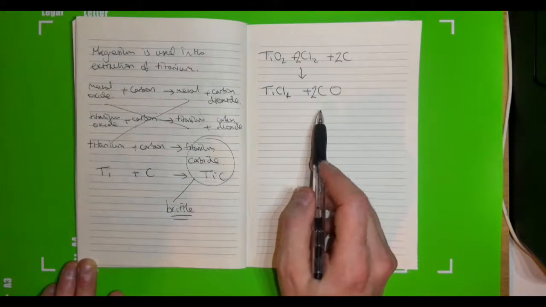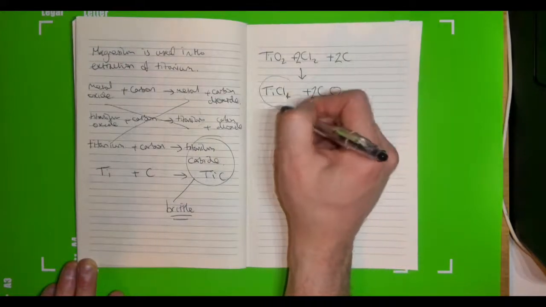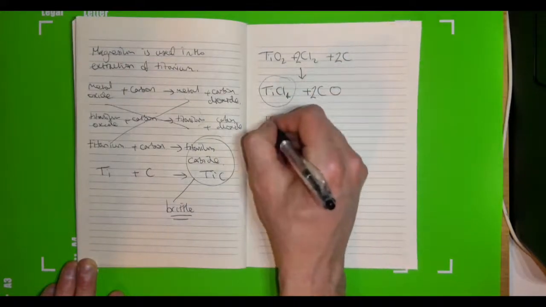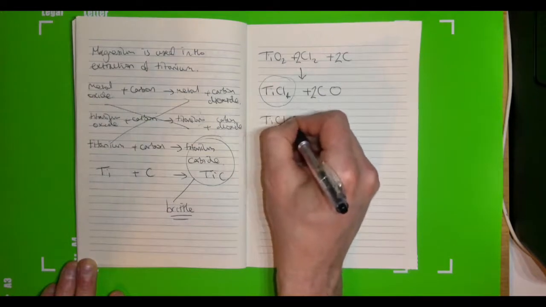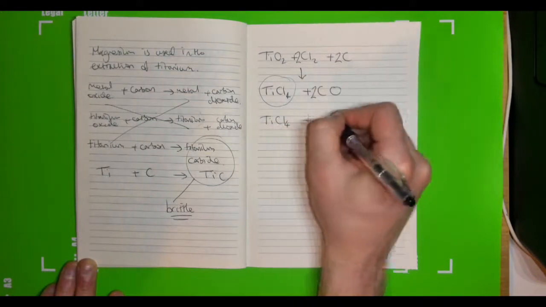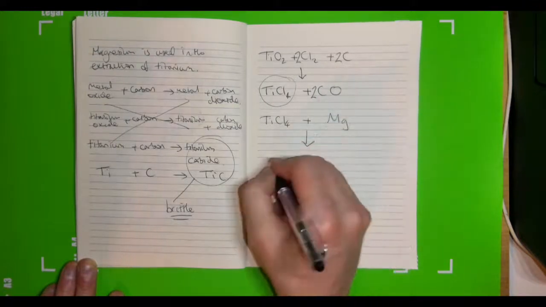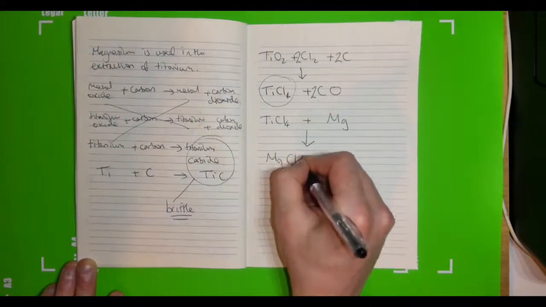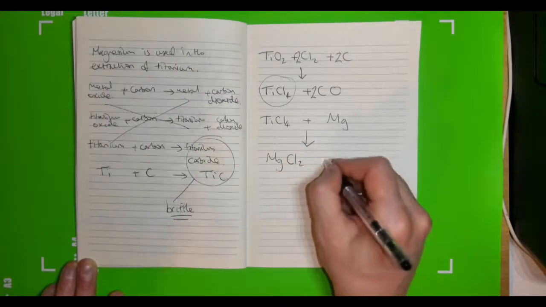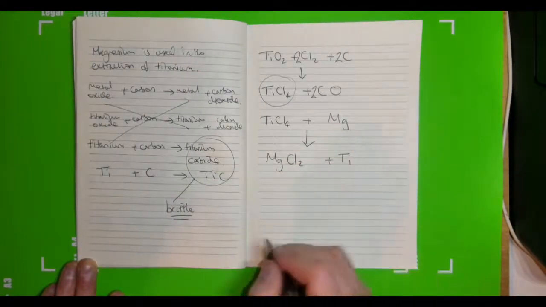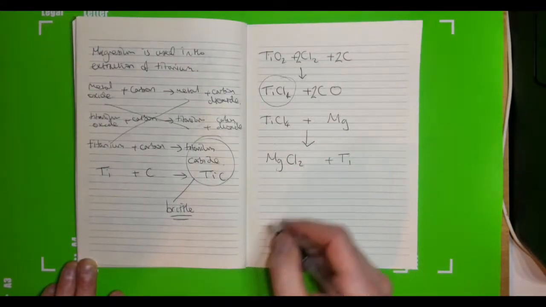We then take the TiCl4 produced from the first reaction and we react that with magnesium to make magnesium chloride and titanium. Let's put the state symbols in.